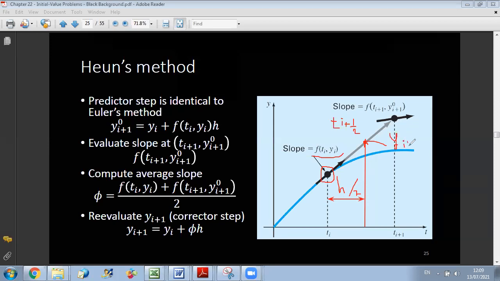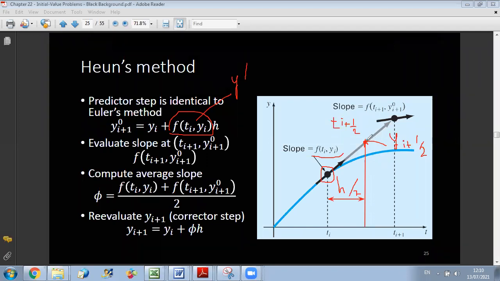And now, once we get the value of yi plus half, we can calculate using our differential equation y prime at ti plus half, yi plus half. Here f represents y prime. So we can compute y prime at ti plus half, yi plus half.